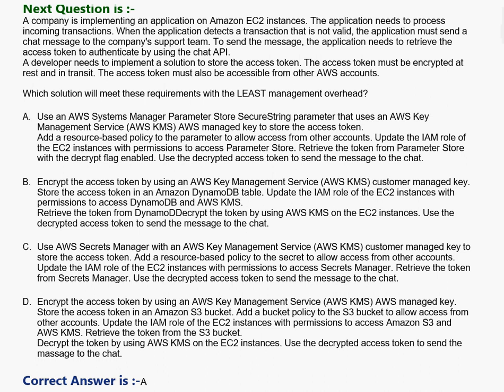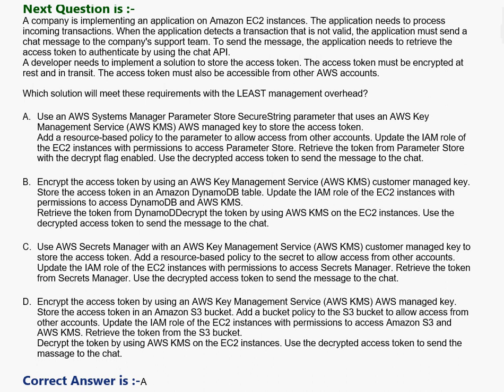Update the IAM role of the EC2 instances with permission to access Parameter Store. Retrieve the token from Parameter Store with the decrypt flag enabled. Use the decrypted access token to send the message to the chat.